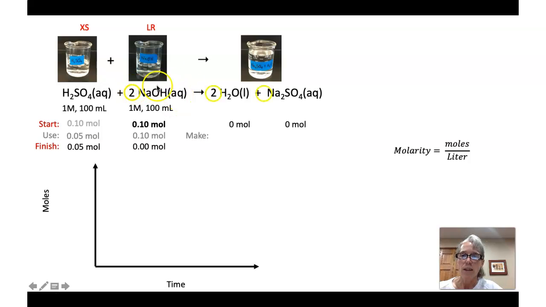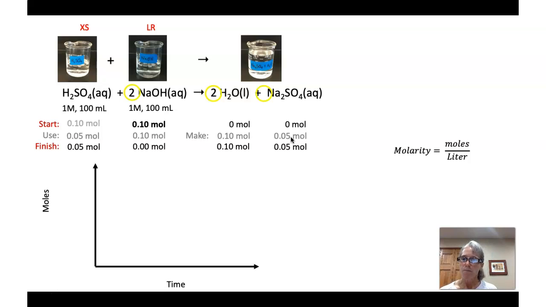And because of the 2:2 ratio, or 1:1, between the base and the water, we're going to make 0.1 moles of the water. Now, because of the 2:1 ratio between the base and the sodium sulfate, we will make 0.05 moles of the sodium sulfate.